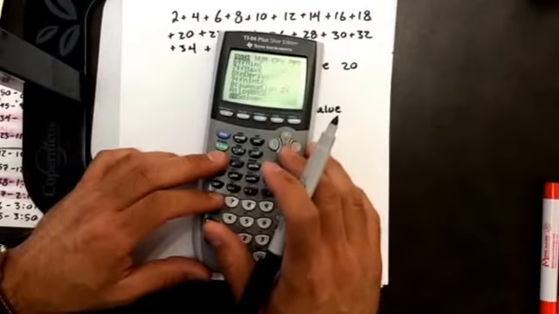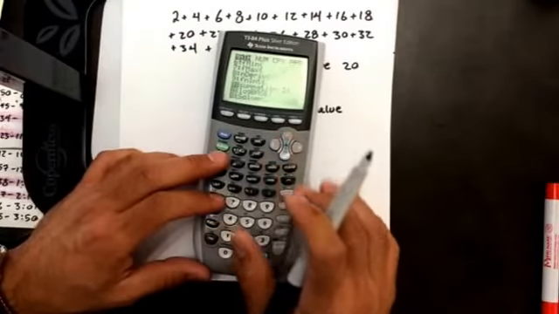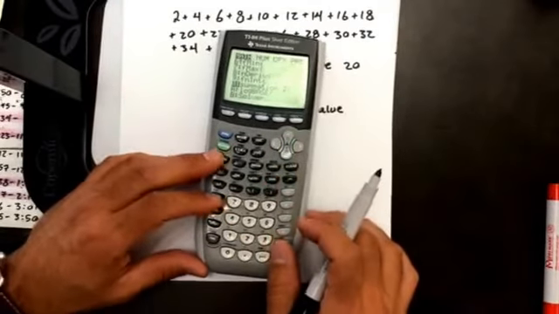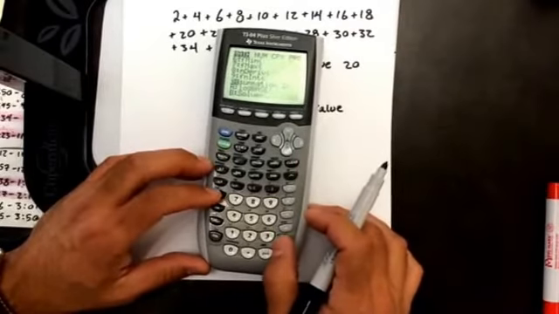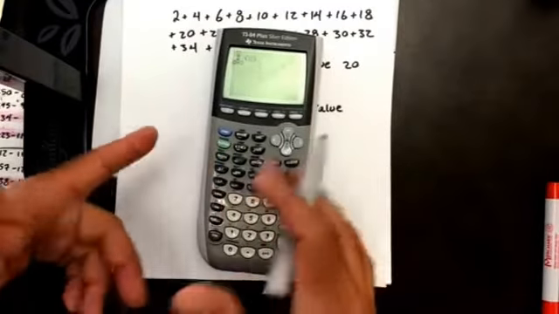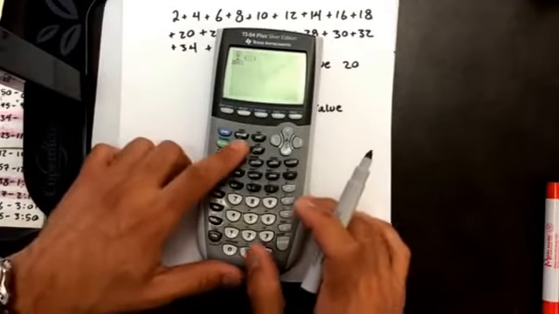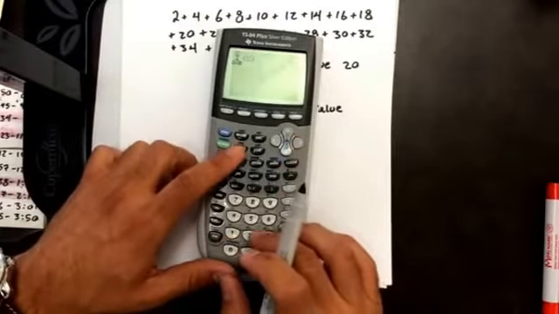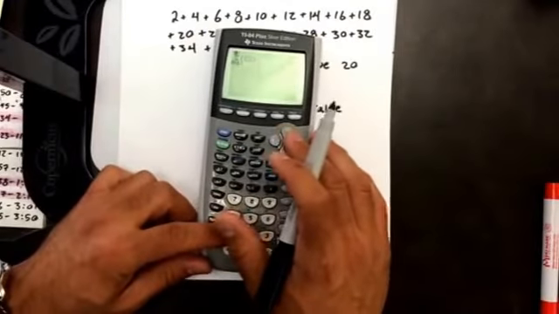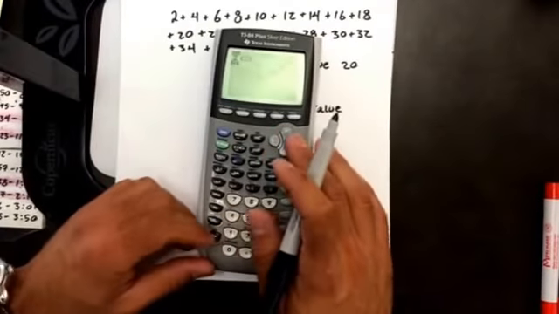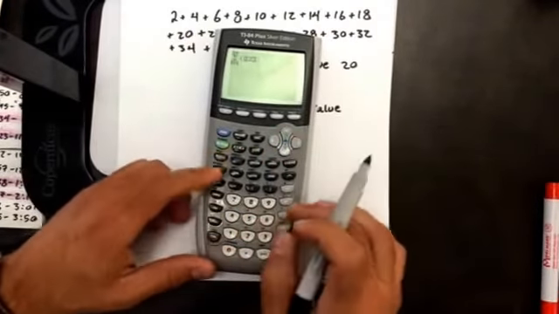No. Yes. And it says summation right there. Okay? So I go to math and I go to the summation. Now this calculator lets me plug in each of the parts. So for this one, I'm going to put x equals 1. It starts at 1. This one, it ends at 20. And the rule is 2 times x.